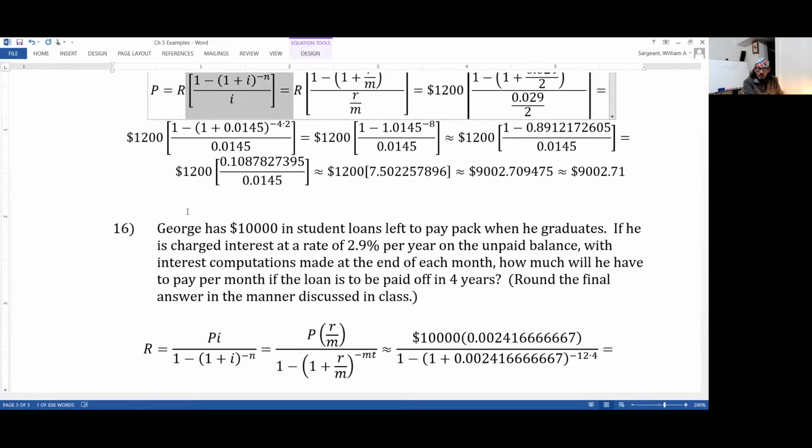I computed 0.029, the annual interest rate converted to a decimal, divided by 12 to get this. And then down in the denominator, I add the 1 and raise that to the negative 48th power.